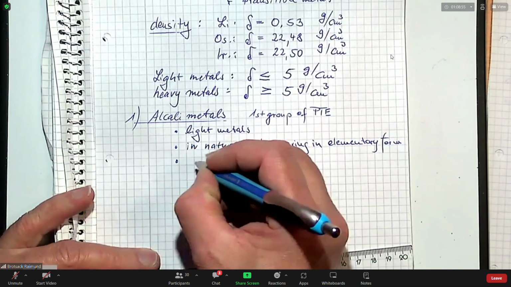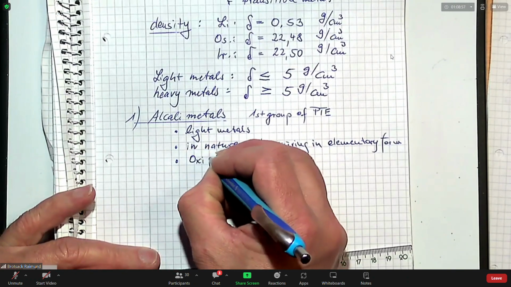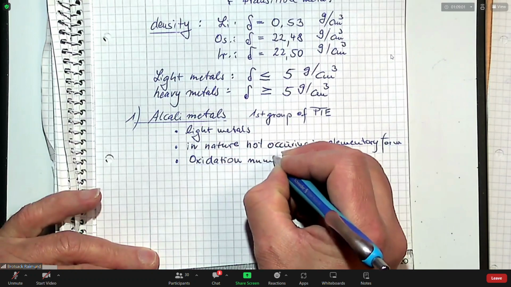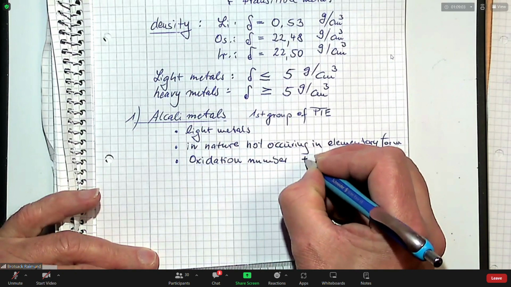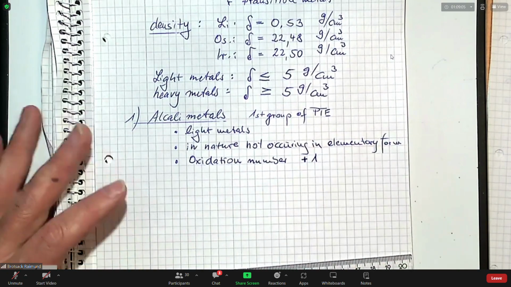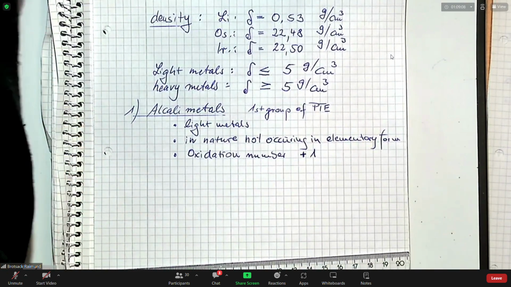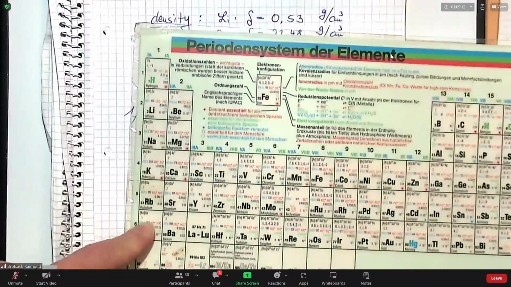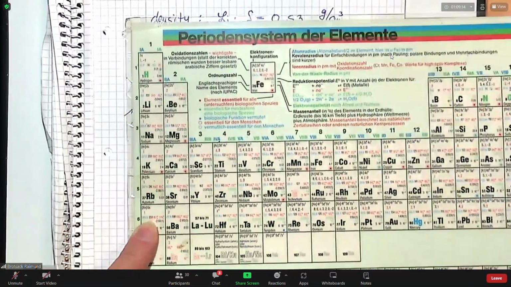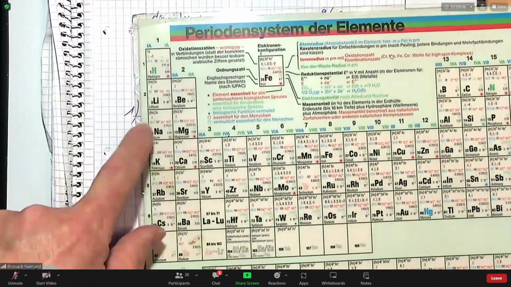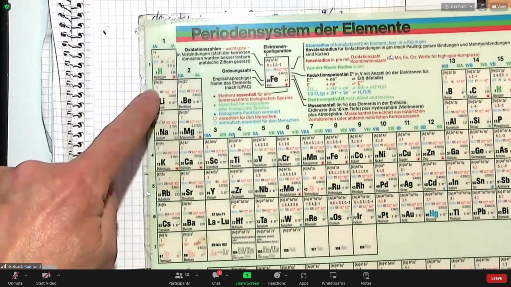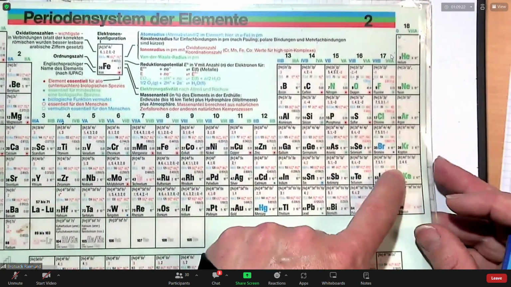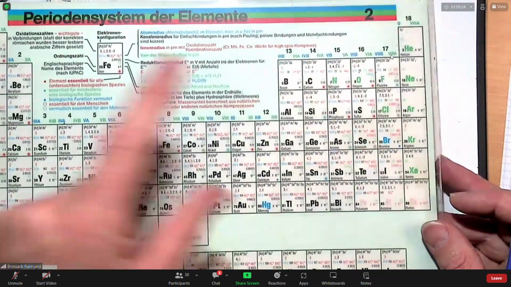So the oxidation number is always +1. Because we have one s electron from the s orbital, which can be delivered to any partner, and it will be delivered in most of the cases when possible. And then we have the previous noble gas configuration in the electrons.